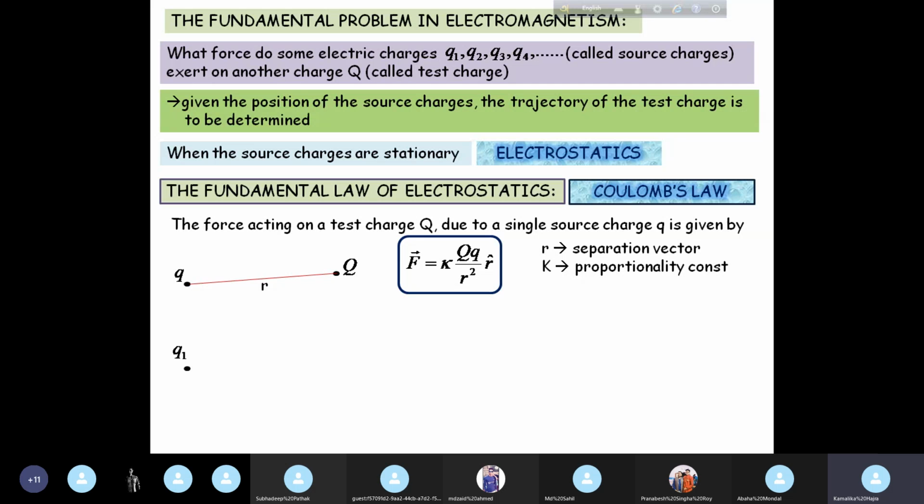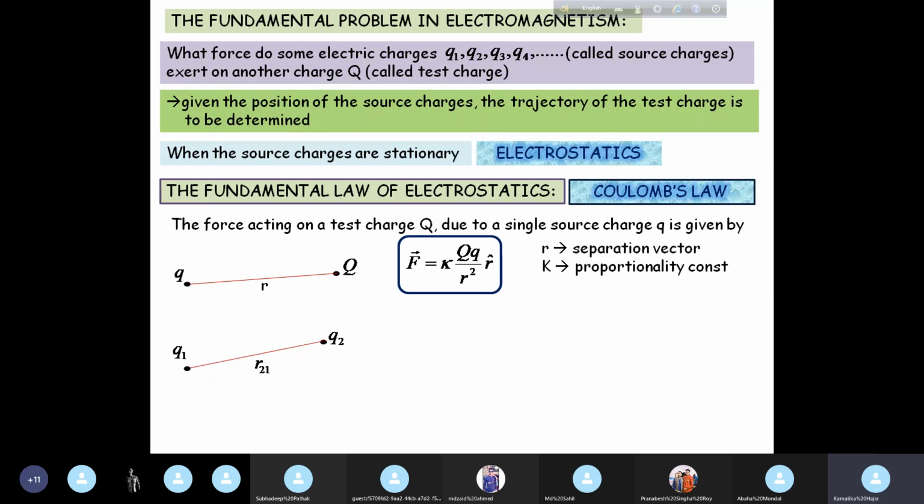Now let us look at it in a different way. Suppose we have a particular point charge q1 and another point charge q2. We don't call them source and test now. We have two charges, so we just call them q1 and q2. And the distance between the two charges we call r21.